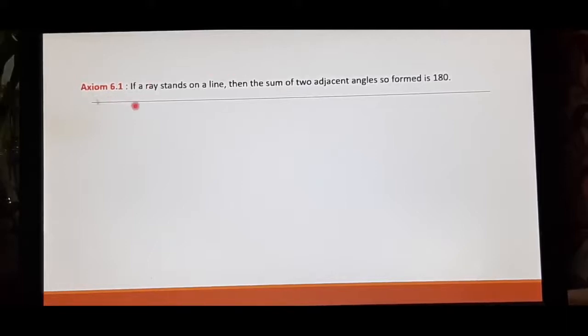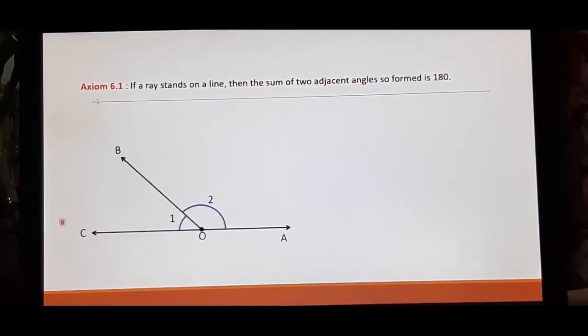So axiom 6.1 is saying, see, if a ray stands on a line, then the sum of the two adjacent angles so formed is 180 degrees. See, this is one line. So what it is saying, if on a line one ray stands, see, AOC is one line and OB is the ray which is standing on this line.